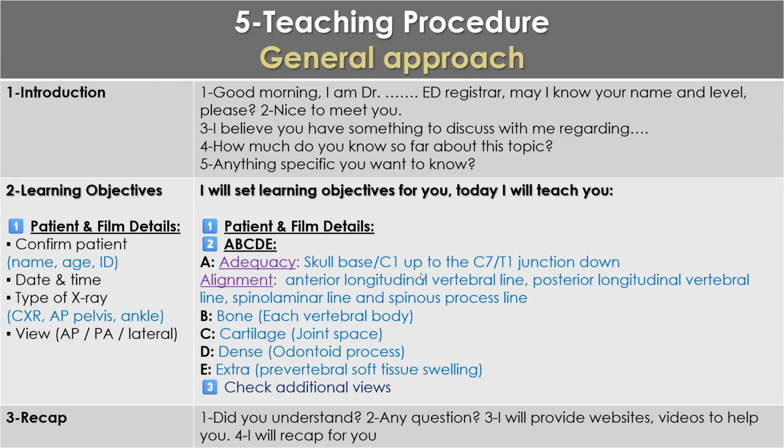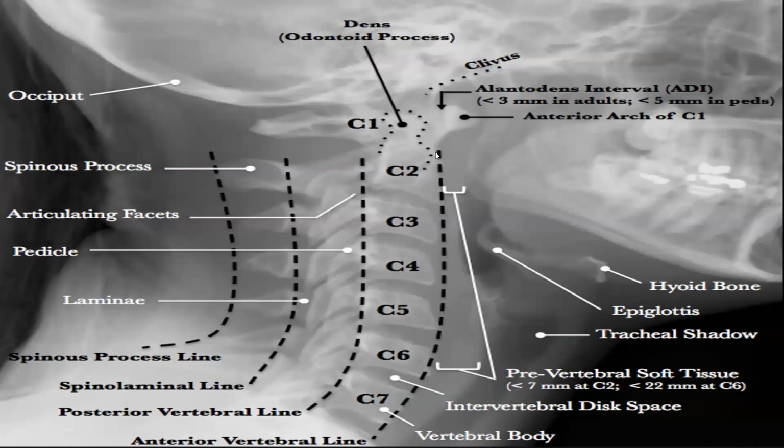Then alignment. How many lines? 4. Anterior. So this one, anterior vertebral line, because this is in front of the vertebra, right? And this posterior vertebral line.